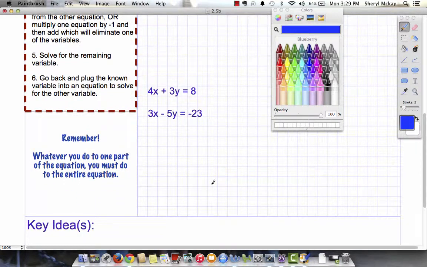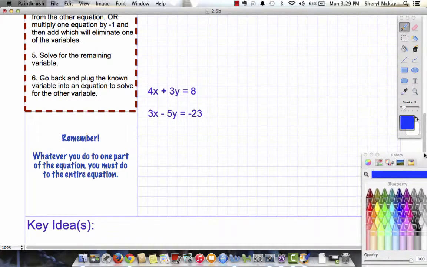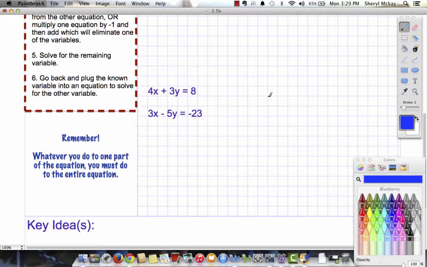Here we have 4x plus 3y equals 8. Now, the second one says 3x minus 5y equals negative 23.